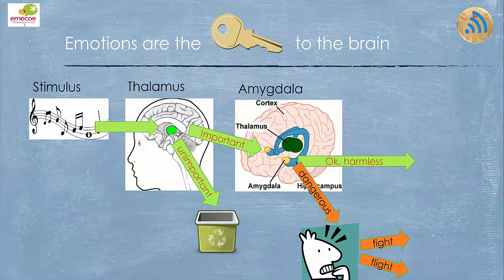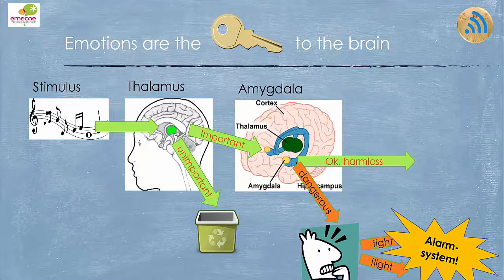Adrenaline and other neurotransmitters are released, our blood pressure and pulse frequency rise, our muscle tonus rises, and our body prepares for fight or for flight reflexes.